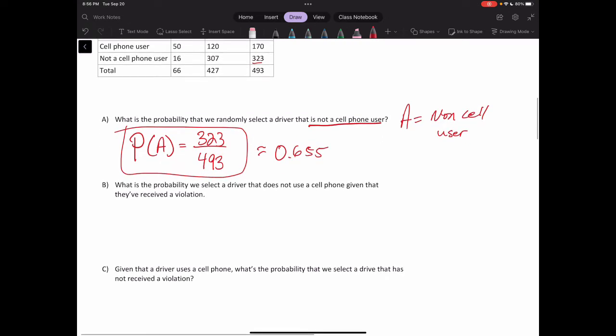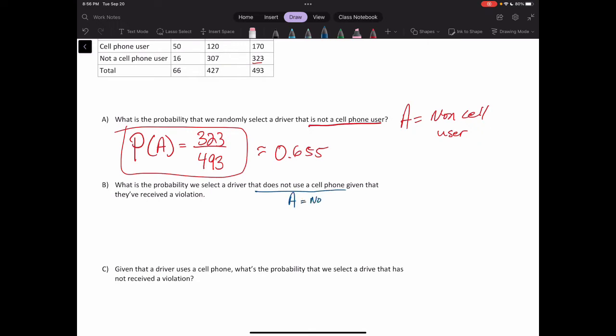Anyways, part B: what is the probability that we select a driver that does not use a cell phone given that they've received a violation? All right, once again, first step, label your events. Cannot stress it enough. We're going to let event A be a non-cell phone user.